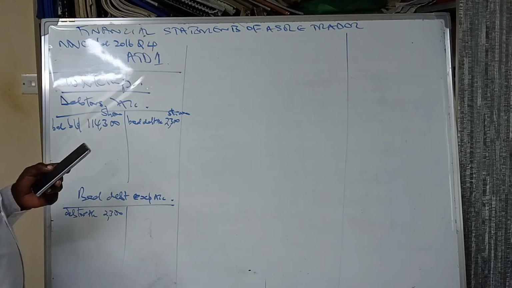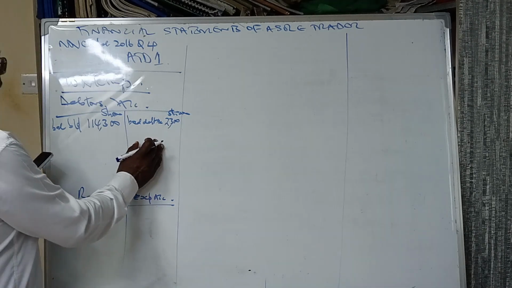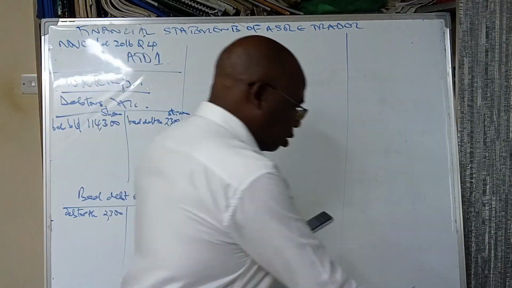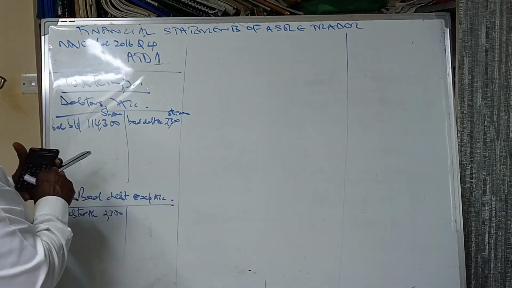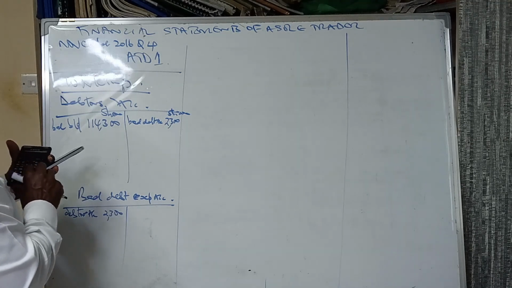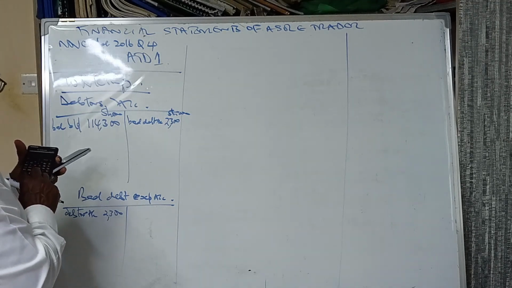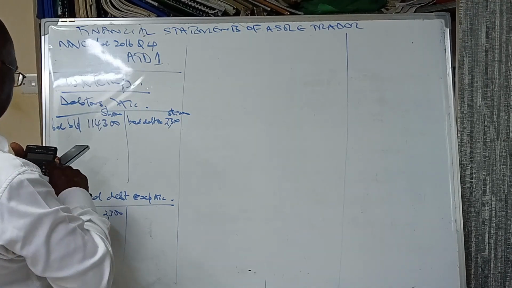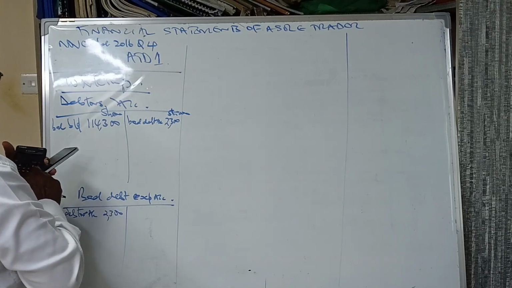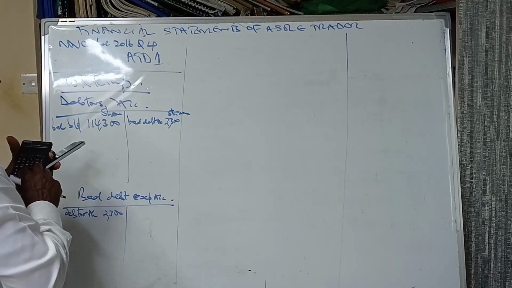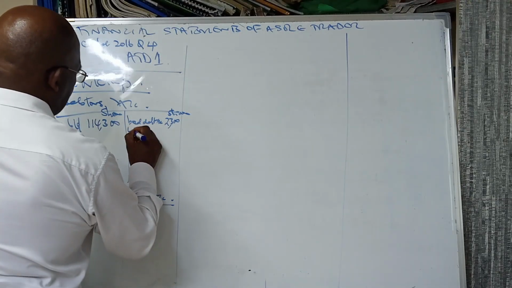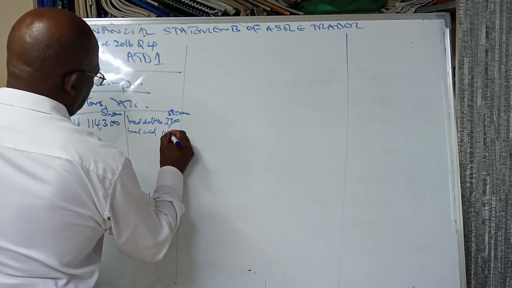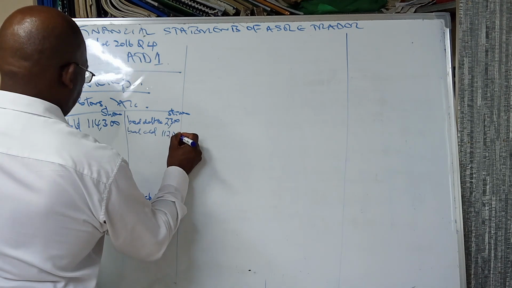Then you are told an allowance of 2% is to be created. Out of the remaining debtors, 114,300 minus 2,300, you get the balance of 112,000. Our balance carried down is 112,000.